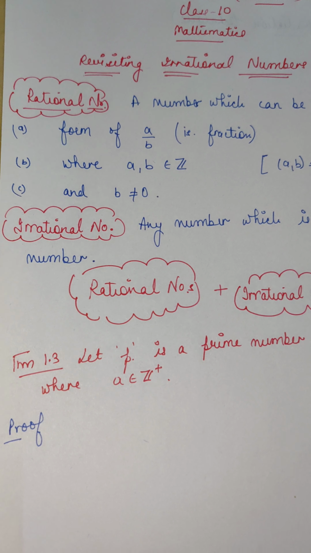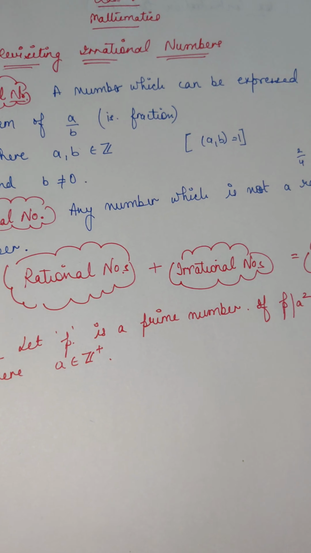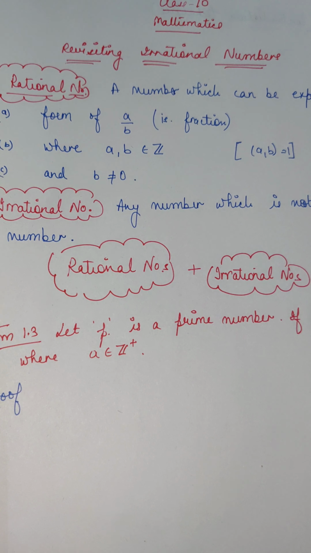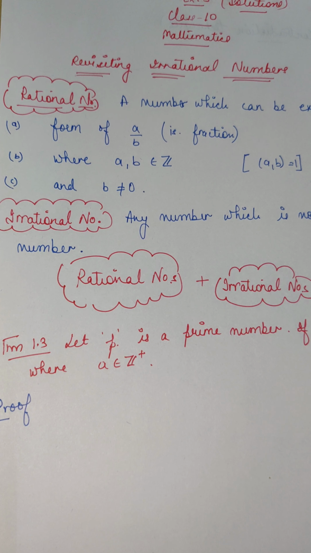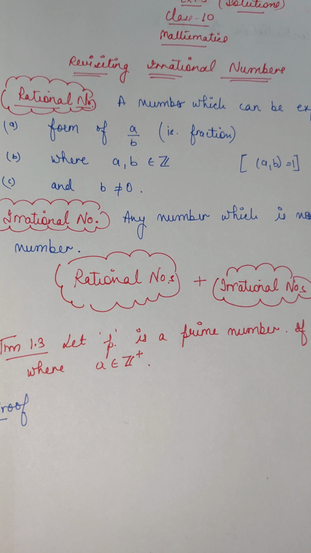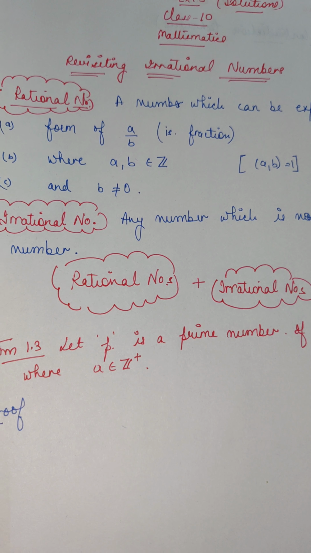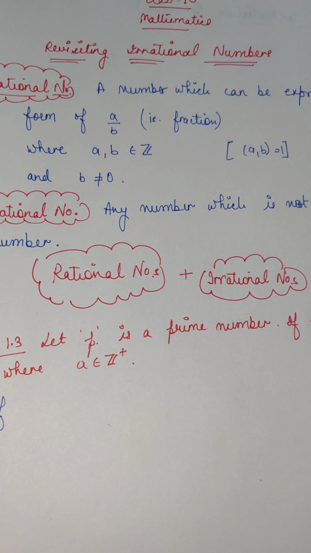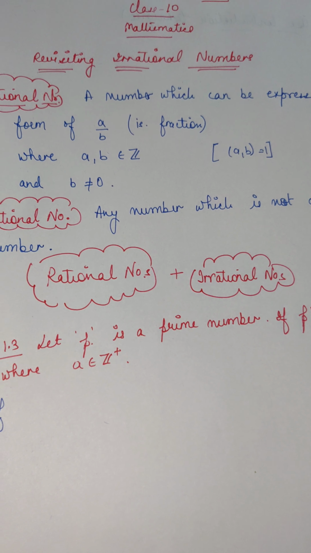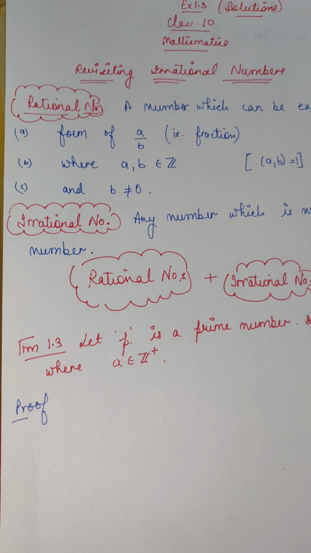Again, now, what is an irrational number? An irrational number is any number which is not rational. So if any one of these three conditions, that is, it is a fraction, a and b are integers and the denominator is not equal to 0, is not satisfied, or all of the conditions are not satisfied, then it is an irrational number, right?